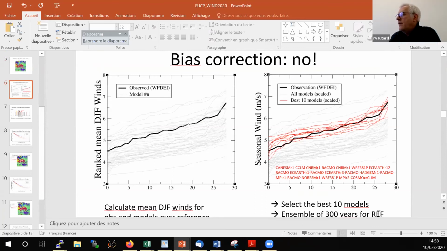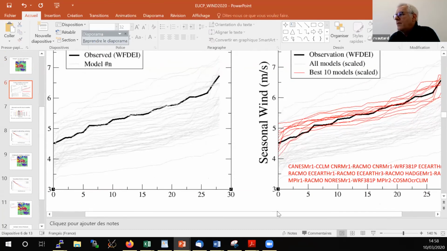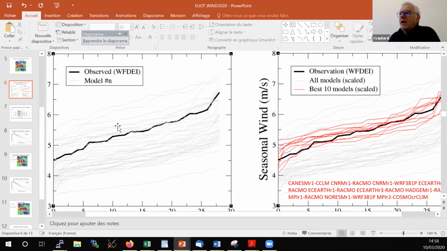Here, the models we use are climate projections, so they are not constrained by reanalysis. They are really downscalings of GCMs, and we are just selecting the models that best fit the distribution of the observed winds. Now we have big questions about the observation of winds itself, because we know that several data sets give different results about winds, and there could be uncertainty about that.